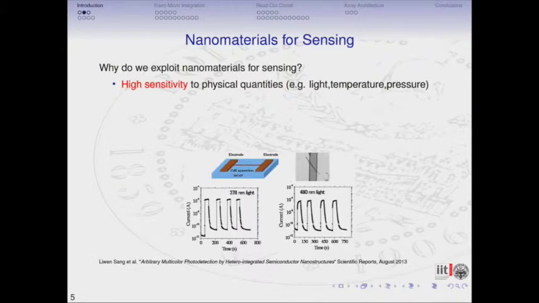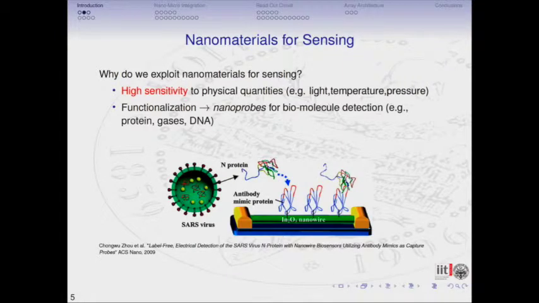We can use nanomaterials for sensing because some nanomaterials show interesting properties for sensing. For example, high sensitivity to common quantities like UV light or visible light, temperature variation, pressure variation, but they can also be functionalized to detect target objects at nanoscale, like for biosensing.